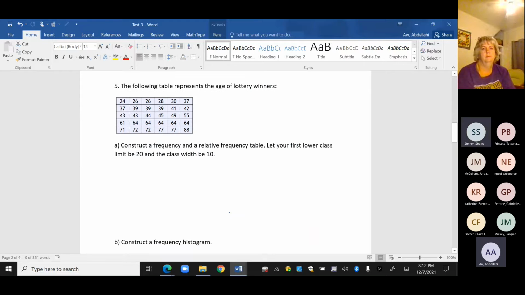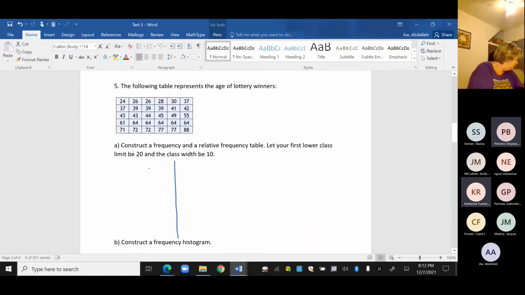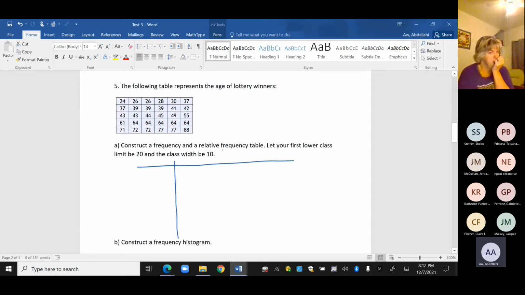I wanted to talk about this one real quick here, for the classes. The classes are very important. They tell us the first lower class must be 20, and the class width is 10.